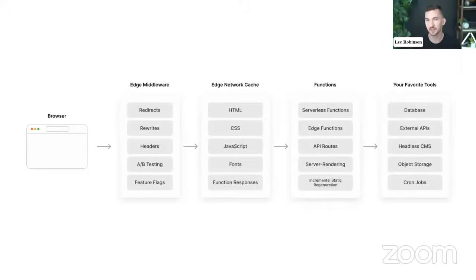Then you might run some additional logic with a function, whether that's running on serverless infrastructure or edge infrastructure. We'll show some demos of that in a minute. And then finally, you can connect to your favorite tools, your databases, your CMSs, your blob storage, your cron job, all of these different tools that you have in your toolbox, in your arsenal to build out your web application. So that's kind of the topology of the request that's being made in the system.